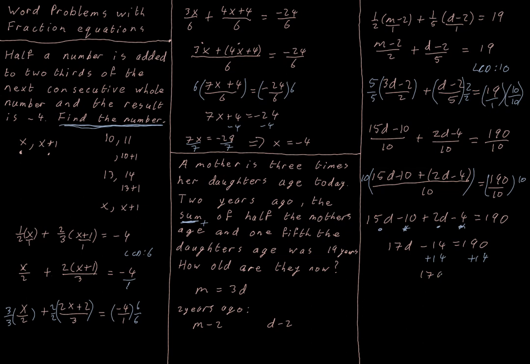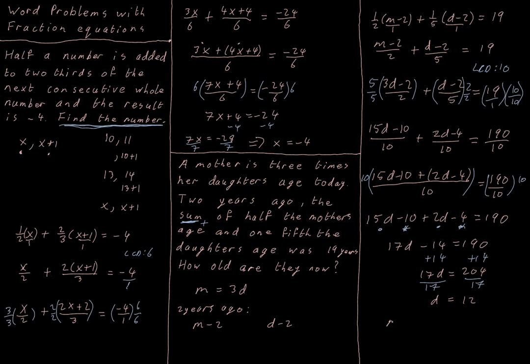So 17D is equal to 204. Divide both sides by 17, and I get 12. So the daughter is today 12 years old.